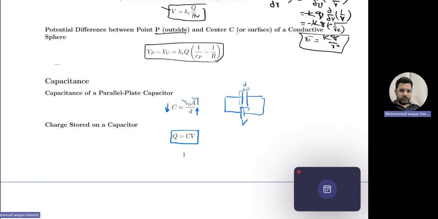If we increase the area of the plates, capacitance goes up. And if we put another medium inside the capacitor, a dielectric medium, it also increases the capacitance of the capacitor.